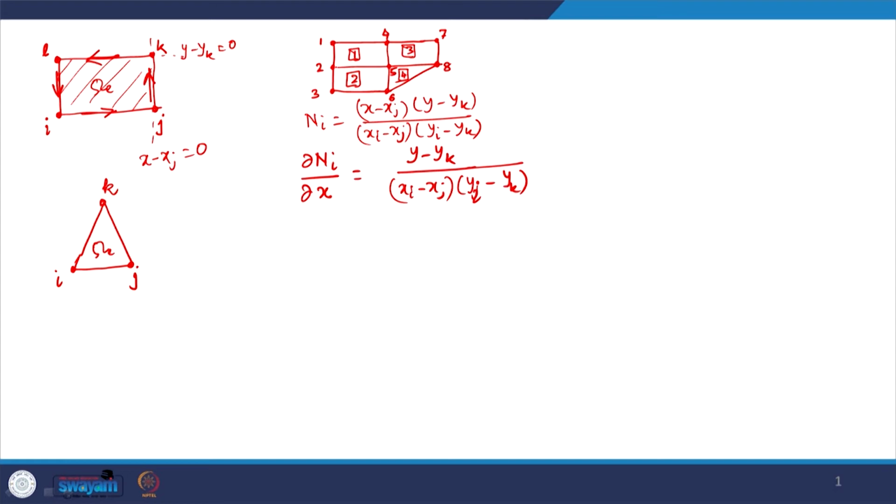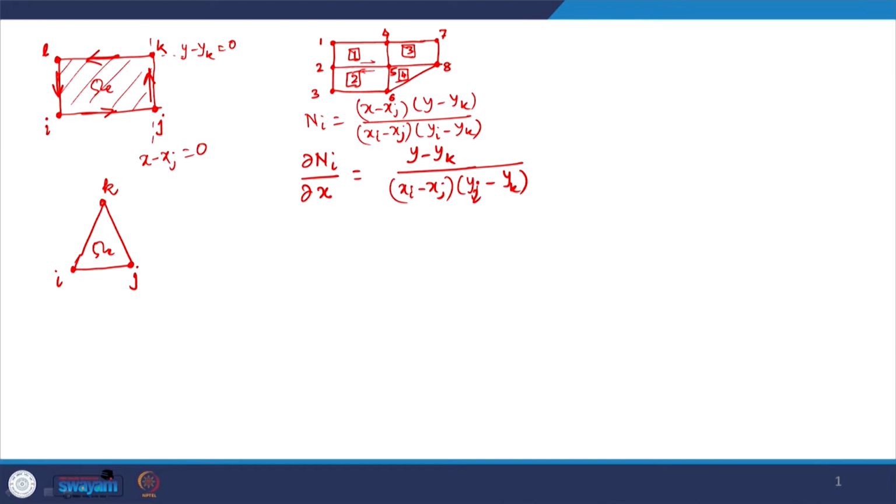If for element 1 the counterclockwise direction was from 2 to 5, for element number 2 this edge would be evaluated from 5 to 2, and accordingly the direction cosines would of course be for the outward normal. So, they would be in opposite directions, and the corresponding terms would be of opposite signs, and they would cancel out during the process of assembly, right.